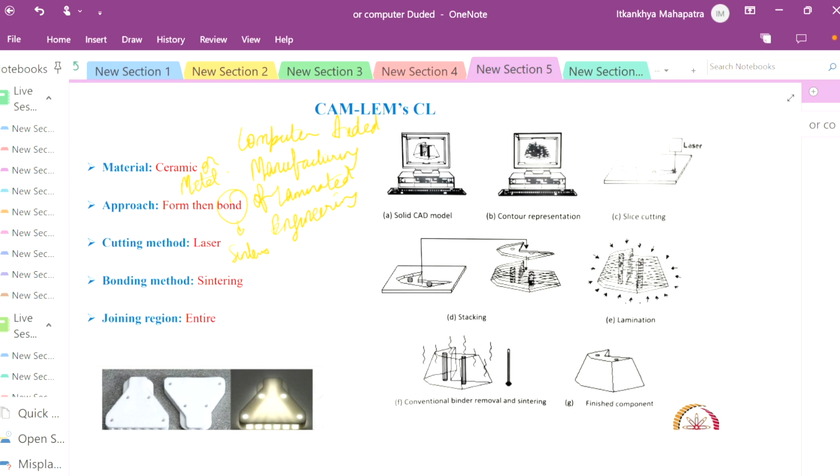In this, we are first giving a shape to the layers, then bonding in the sintering process. So this process is opposite compared to the other three processes, as here it is form then bond. We give shape to the layer and bonding happens during sintering. That is why it is form then bond. This is a very important point. Earlier it was bond then form.